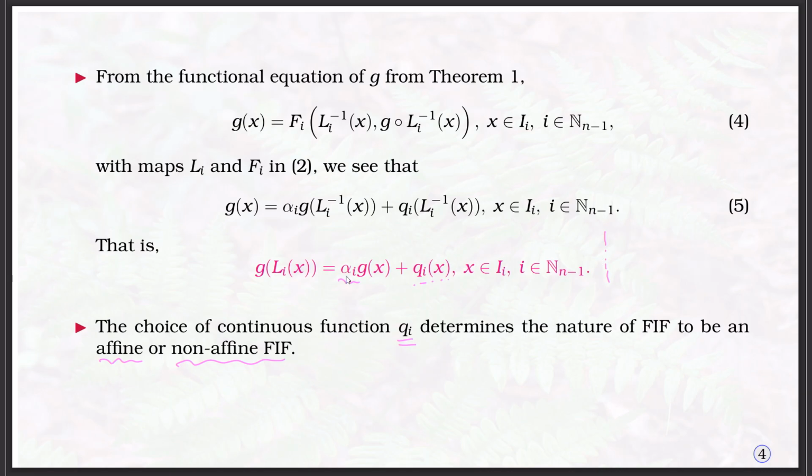It means when you take alpha as 0, this term becomes 0, then the fractal interpolation function is fully determined by qi of x. So, by the nature of qi of x, we can say the function is an affine function or non-affine function.